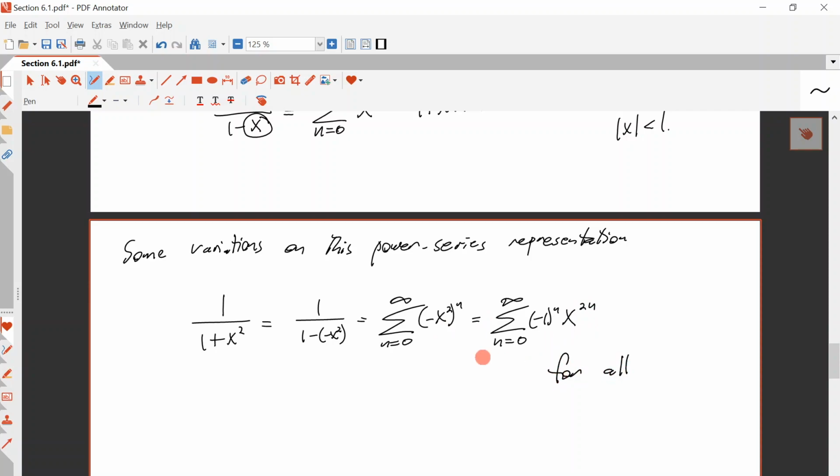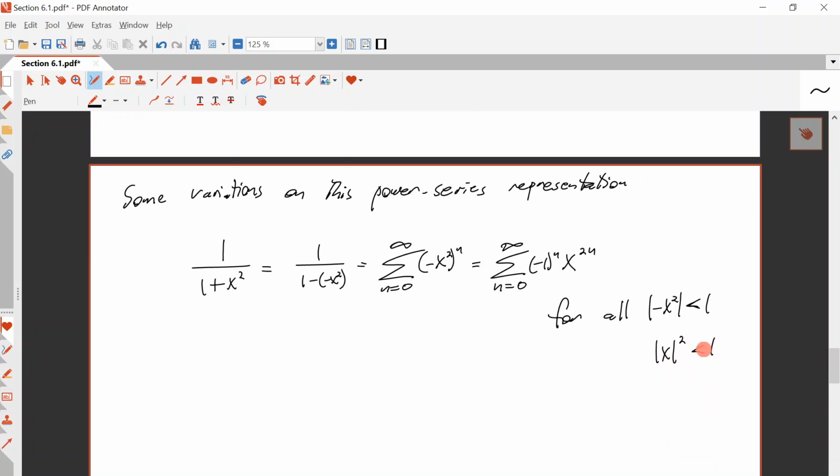For all x with absolute value of minus x squared less than 1. But absolute value of minus x squared is just absolute value of x squared. Well, if you're saying the absolute value of x squared is less than 1, I could just take the square root of that and you just get absolute value of x less than 1.